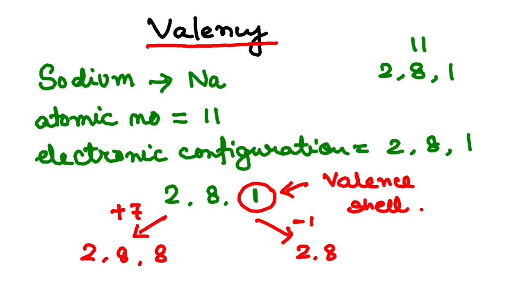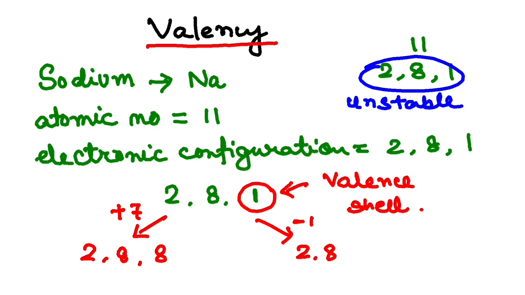This 2, 8, 1 is an unstable configuration. Why is it unstable? Because if you remember the rule, the first cell should contain a maximum of 2, the second cell a maximum of 8, like that. So the third cell is not stable over here because it is only 1. So it wants to attain a stable configuration.